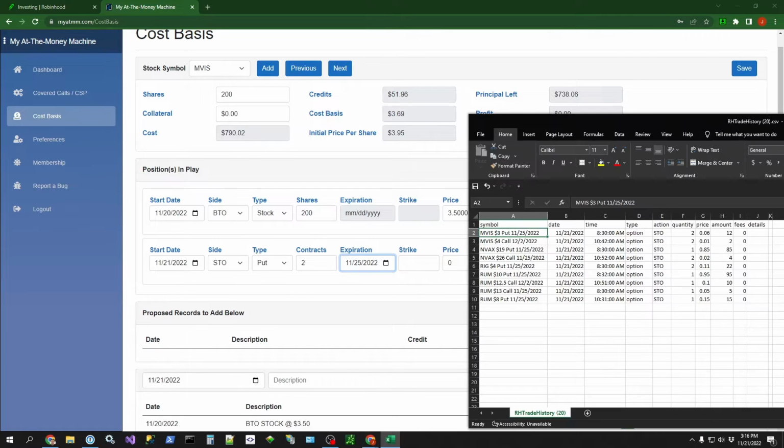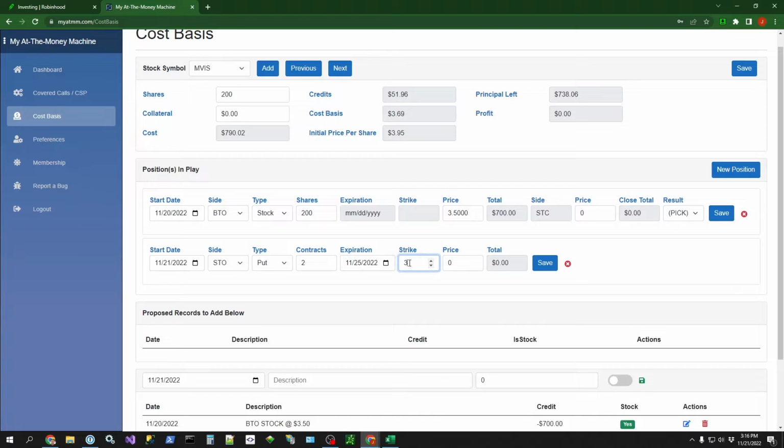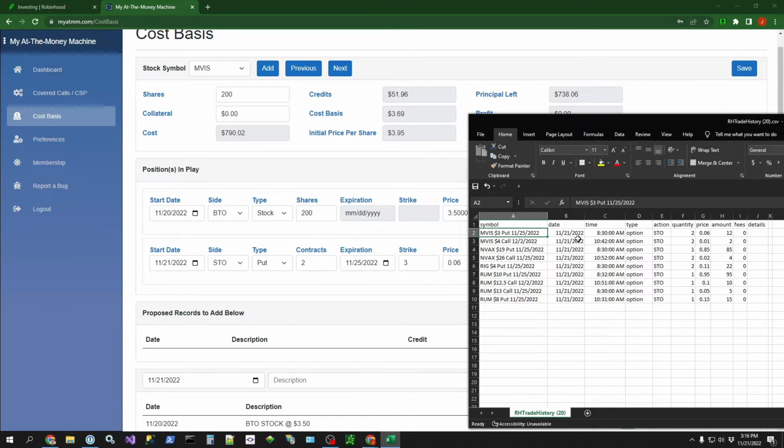Had to go out a week or 2 on some of these because the price was so low for the premiums. All right, so $3 strike price, 6 cents each. So we collected some premium on that one. That was pretty good.